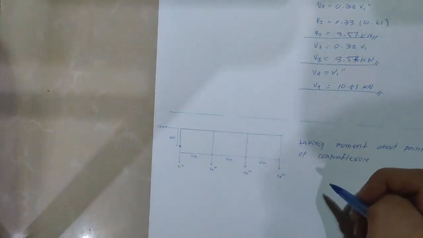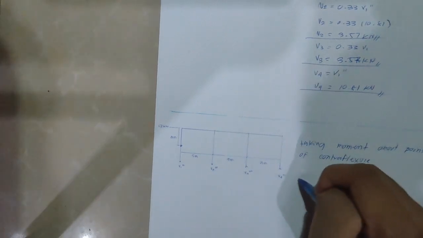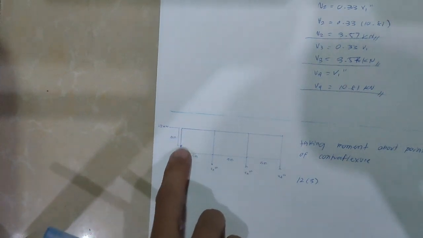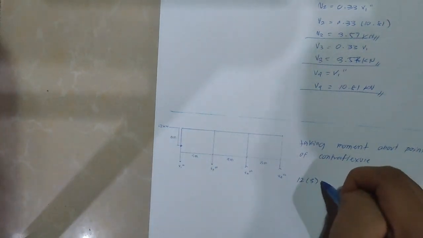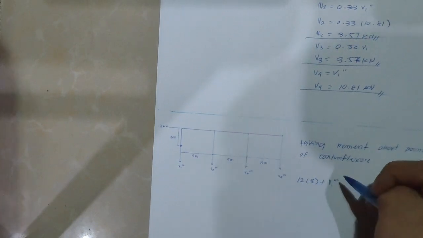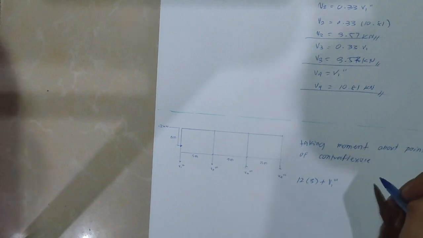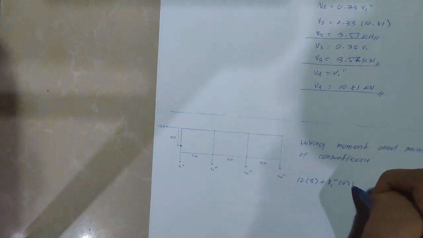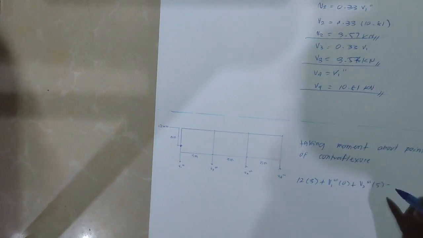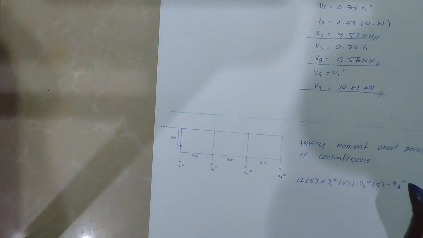So 12 times 3, 12 is the load, and the distance from the contraflexure is 3. Plus V1 of the third floor times 0 distance, then V2 times 5, minus V3, and then the distance, minus V4 times 15 equals 0.